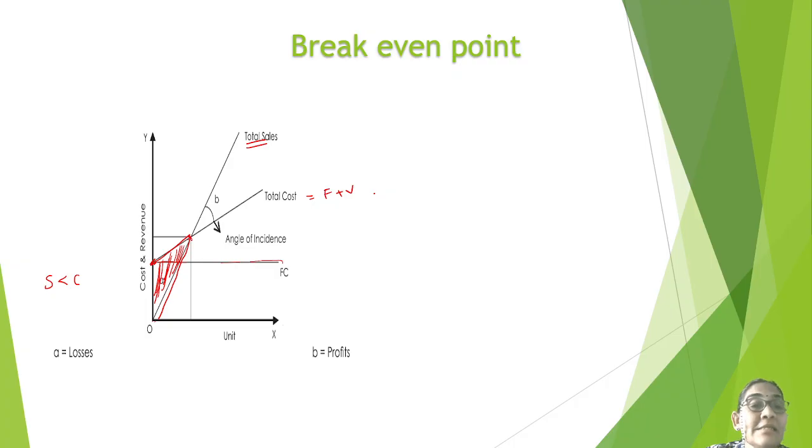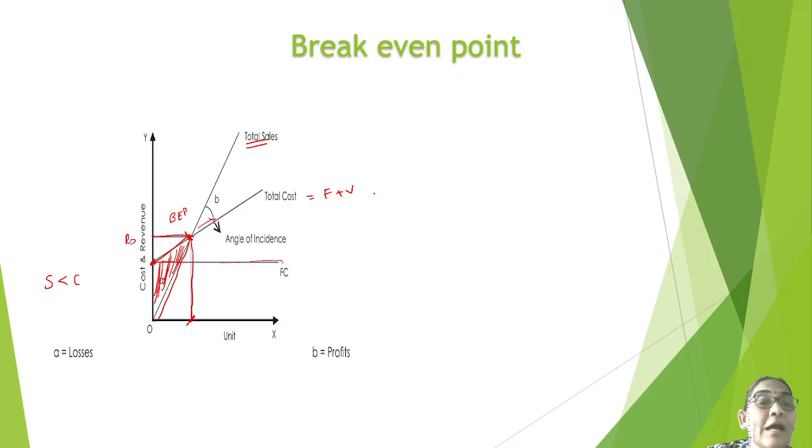At this point where sales and cost are the same, this is known as the BEP, the break-even point. If you sell these many units, you will recover all your cost. This is represented in units, and if you join it on the y-axis, you will get it in rupees.